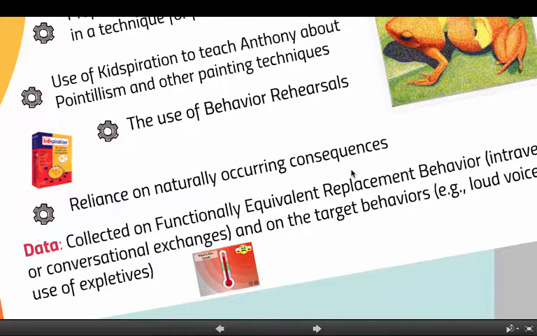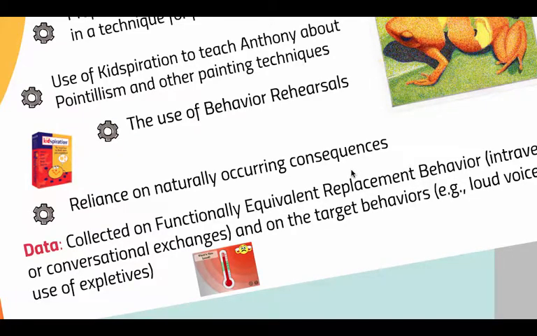So we began rehearsing with Anthony this conversational exchange about pointillism, what we also refer to in the field of verbal behavior as interverbals. We taught him to use interverbals and to respond back and forth with another person, talking about pointillism. At that point, we were primed to reintroduce Anthony and Gracie, and that is exactly what we did.